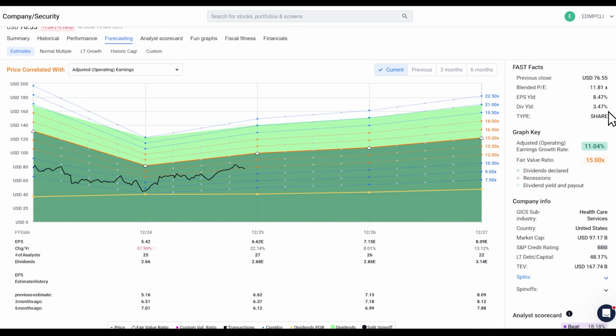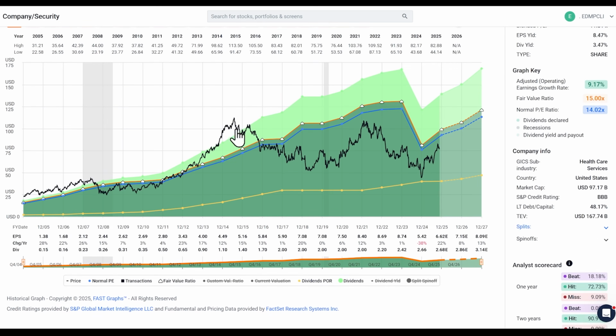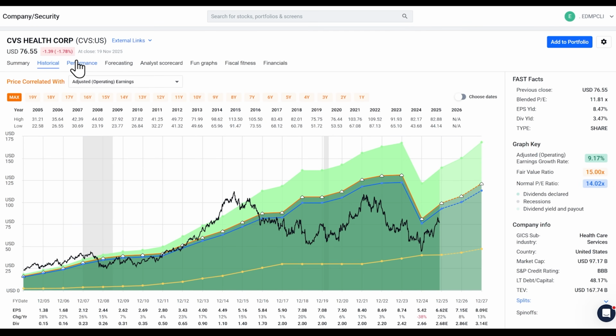I could get a dividend yield of 3.47% now. If I go back into the historical graph and look at it, even though they've had this trouble, they still maintained a strong dividend. They didn't increase it very much, but they did increase it a little bit, or are expected to this year at least. Actually, we can go in and look at that in a little more detail.